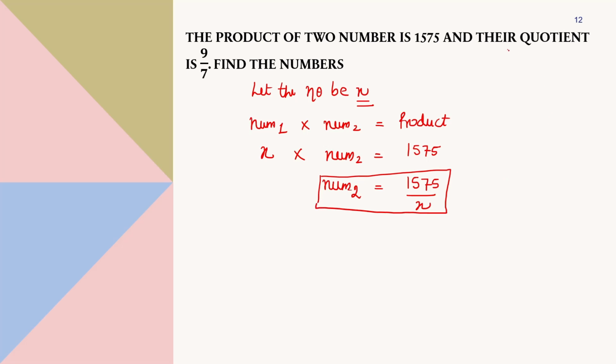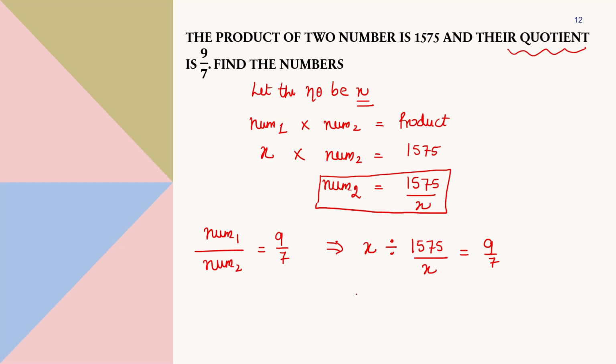Now the second information says their quotient is 9 by 7, which means if you divide number 1 by number 2, the result is 9 by 7. Replace it. My number 1 is x divided by number 2, which is 1575 by x, is equal to 9 by 7.